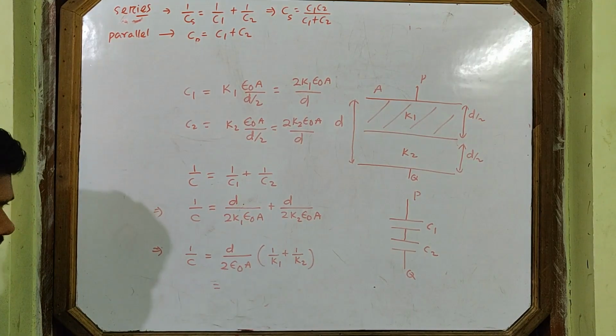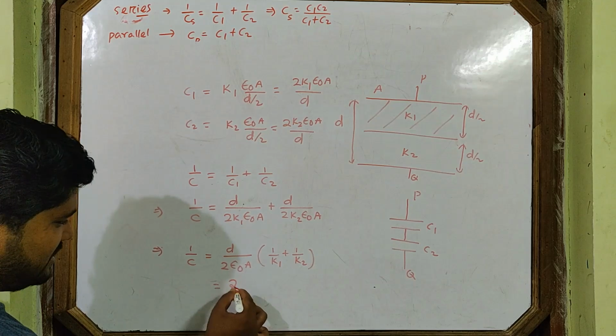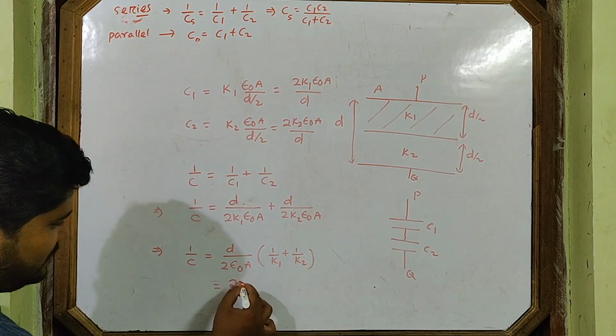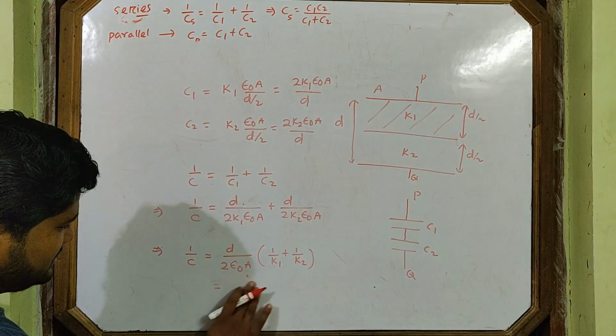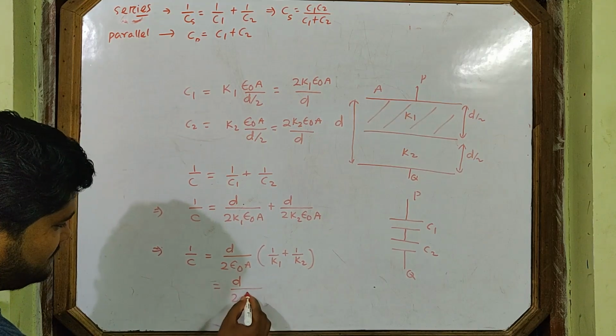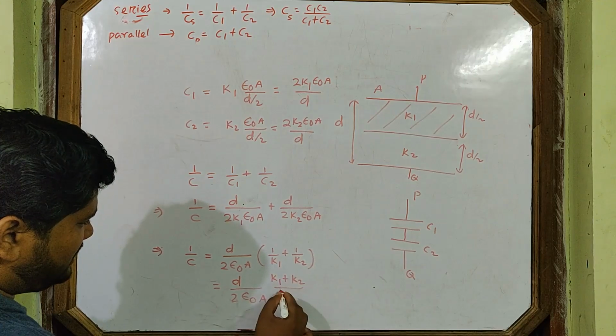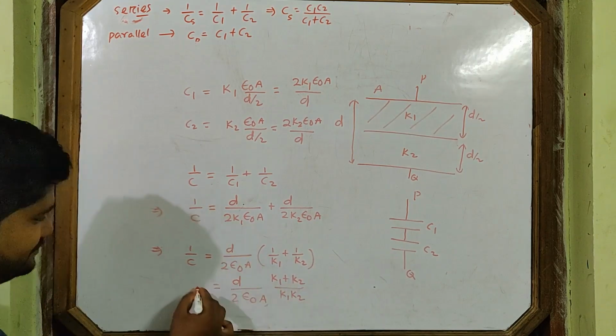Now you take the LCM of this one. If you take the LCM of K1, K2, then it is coming D by 2 epsilon naught A times K1 plus K2 by K1 K2.